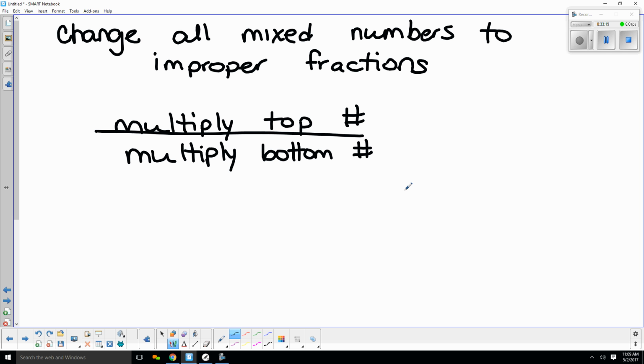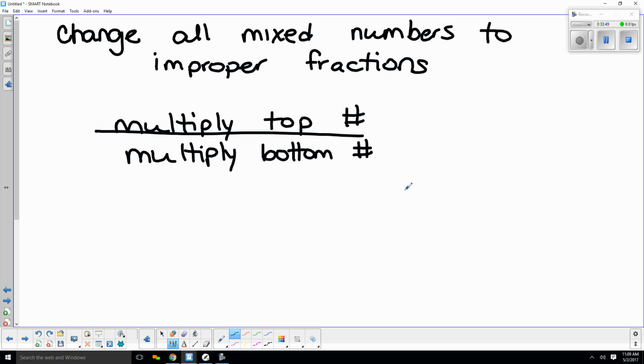And unfortunately, I have both pieces. So the reason I have to change it to improper is to make sure that I'm putting them as one group of numbers and I'm multiplying it to both at the same time. Now, you can do it as a mixed number, but you have to multiply this one by 2, then multiply this one by 2, and then add it back together. And we forget to do that. So that's why we change to improper first, so we don't forget.